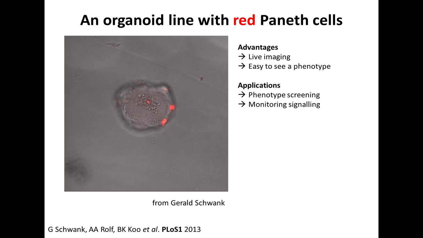Okay, I hope that you have seen the Paneth cells being formed already in the cystic structure and later ending up in the tip of the budding structure, because they secrete Wnts and they have the organizer function for the budding formation.